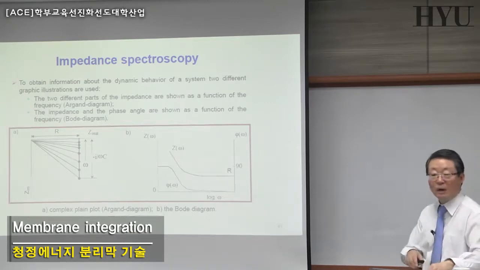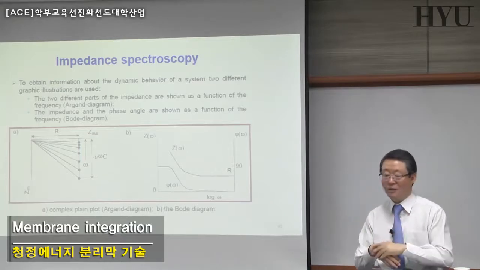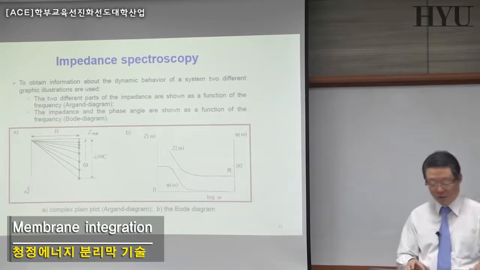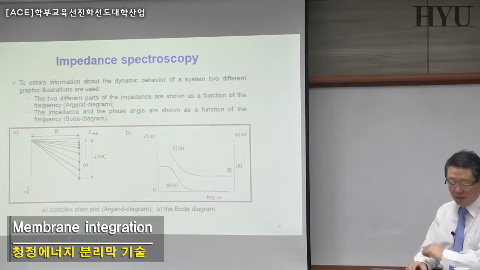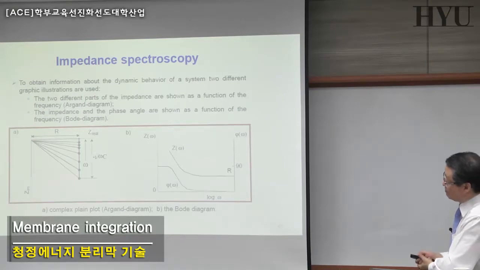So we want to obtain information about this imaginary part and the real part by using impedance spectroscopy. The information that we get is that we have impedance in the real part, which is on the x-axis. On the y-axis, we have the imaginary part.